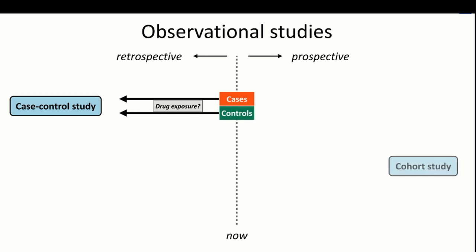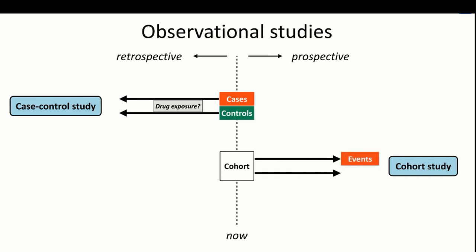An example of prospective research is the cohort study, where a specific cohort of the population, free from the outcome of relevance, is identified and then followed up into the future. During this follow-up, events of interest will emerge, but the majority of the cohort will remain event-free. The researchers can then compare the exposure of each group to drugs of interest during the follow-up period and calculate how likely it is that the events were related to drug exposure.